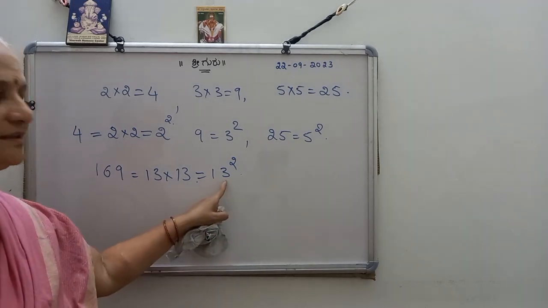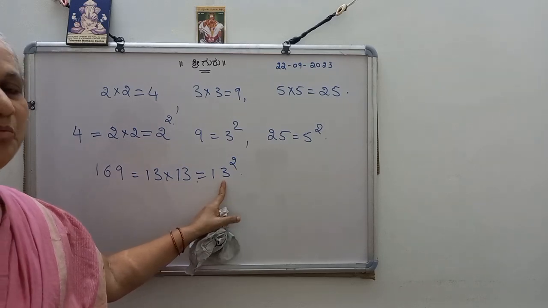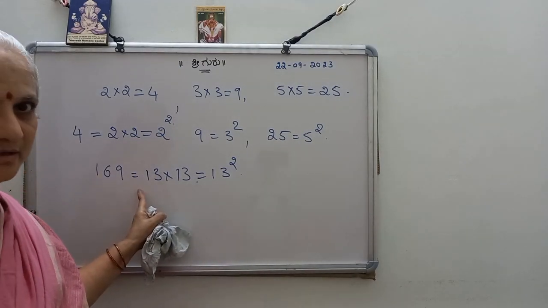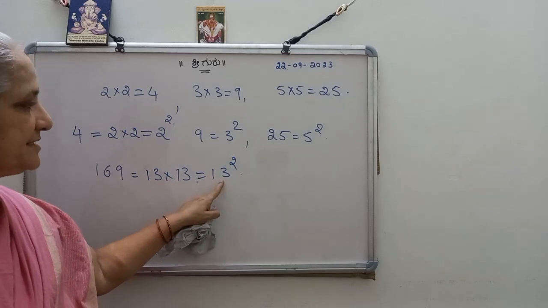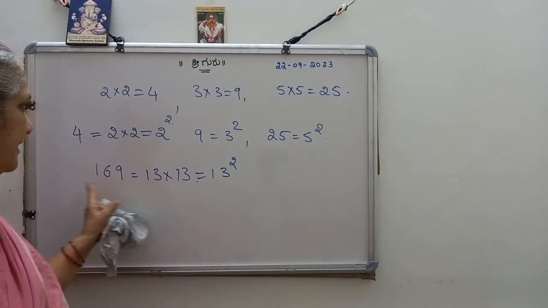It is 13. If you multiply 13 by 13, you will get 169. So you should be able to find the same number which, when multiplied by itself, gives you the product.